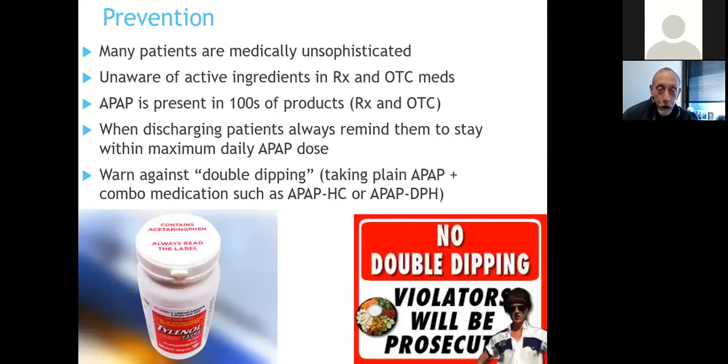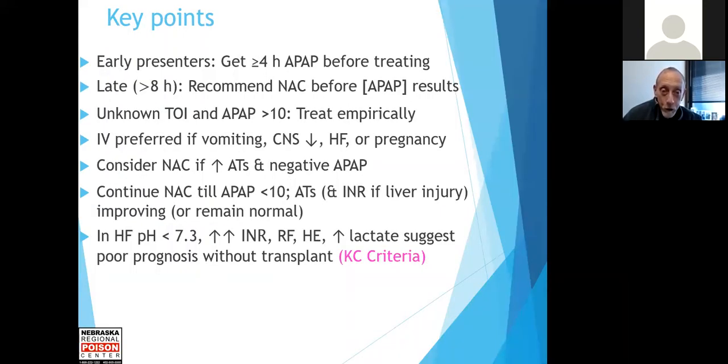So prevention is key. Patients have to be educated on what's in their medications and make sure they're not double dipping, make sure they're not combining different acetaminophen products, such as plain acetaminophen and some of the combination products with opioids or antihistamines.